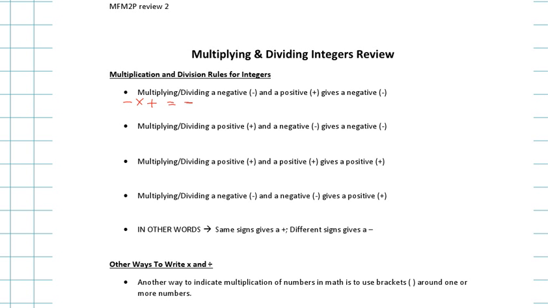Okay, so let's take an example here. If I have negative 3 times positive 5, negative 3 times 5, the answer is going to be negative 15. Okay?